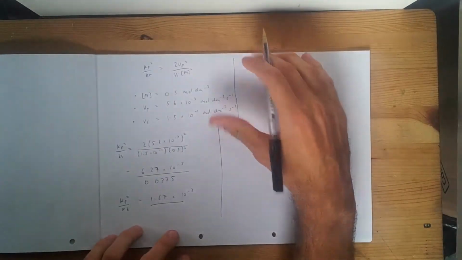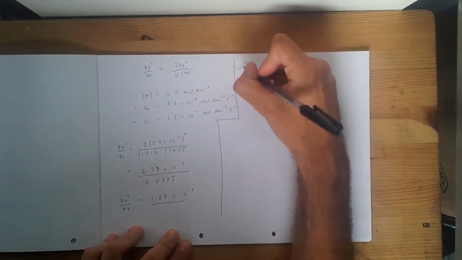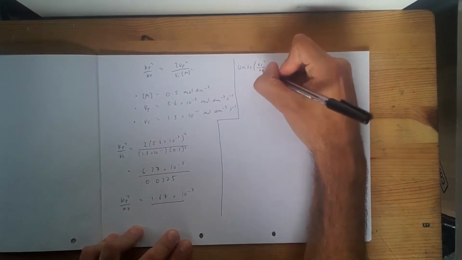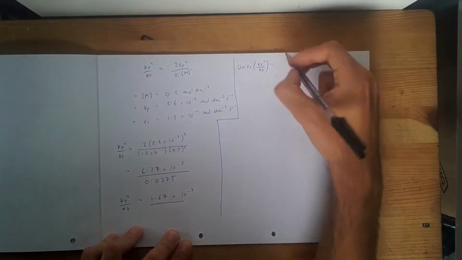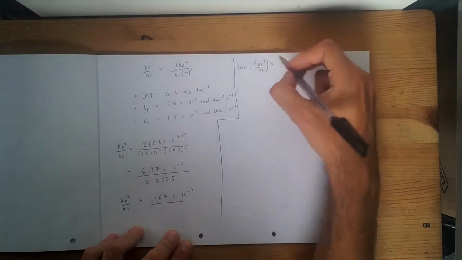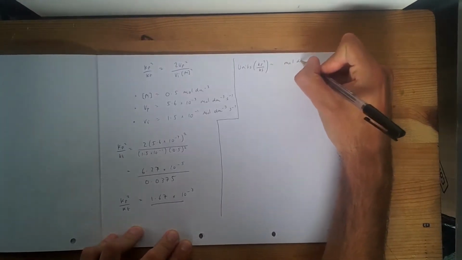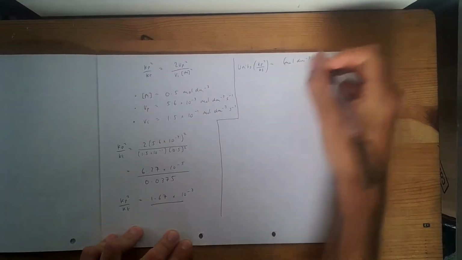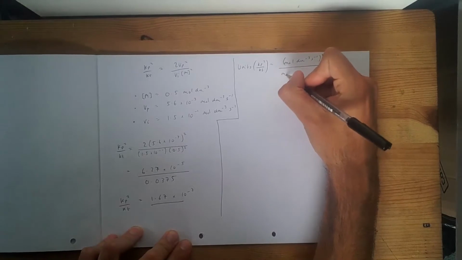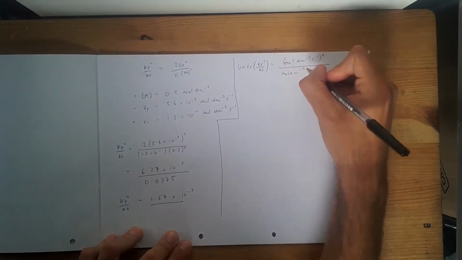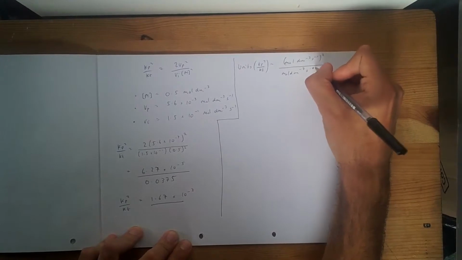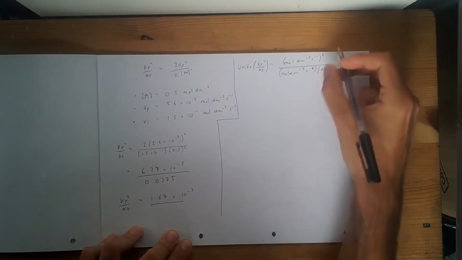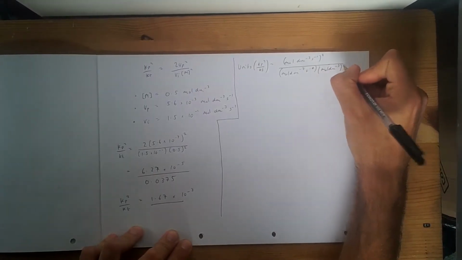So the units of Kp squared over Kt are equal to the units for Vp squared, which is moles per decimeter cubed per second, over moles per decimeter cubed per second again, times moles per decimeter cubed, squared.